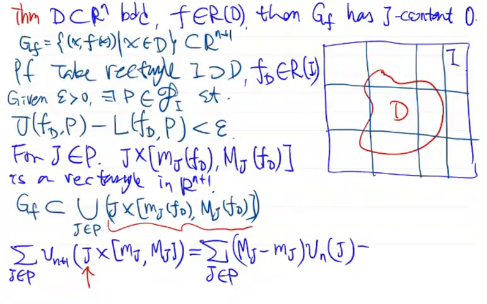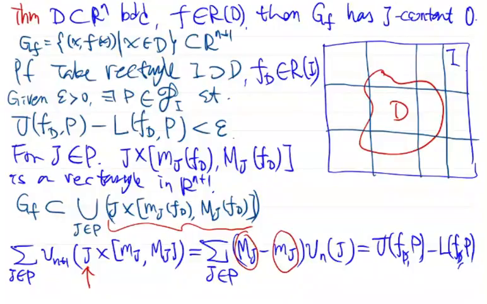So this is obviously the difference of the upper sum and the lower sum of our f_D. This is by the integrability of f_D. Because the capital M_J and the small m_J are computed using f_D. Therefore, this is the upper sum of f_D subtract the lower sum of f_D.